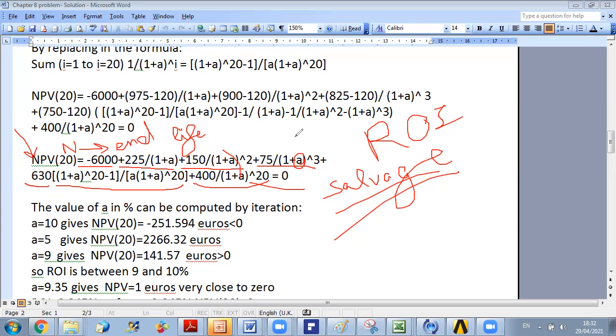So you should assume. For example, here, this is what you should do: let us assume A equal to 10, for example. It will give me a negative value for NPV. This means that I should now try a lower value of A until reaching NPV equal to 0.